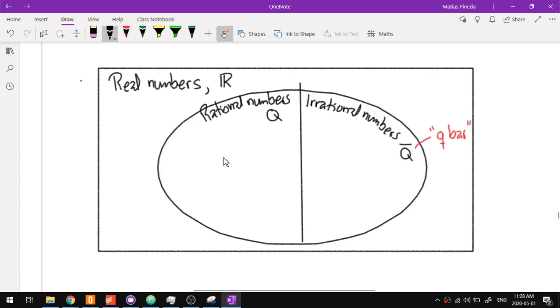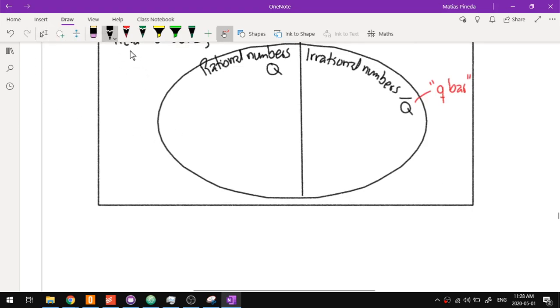What is the difference between rational and irrational numbers? Okay, so rational numbers, let's do a definition here. Rational numbers are numbers that can be expressed as a quotient or a ratio, or you can think of it as a fraction.